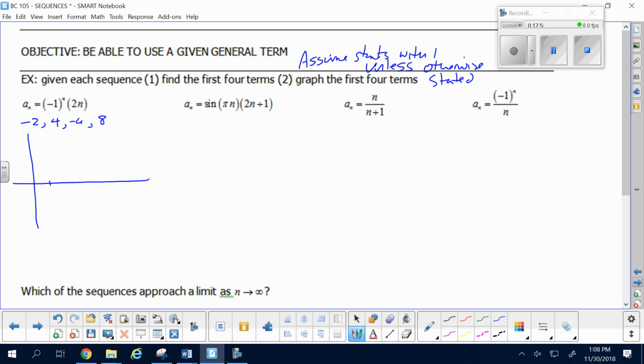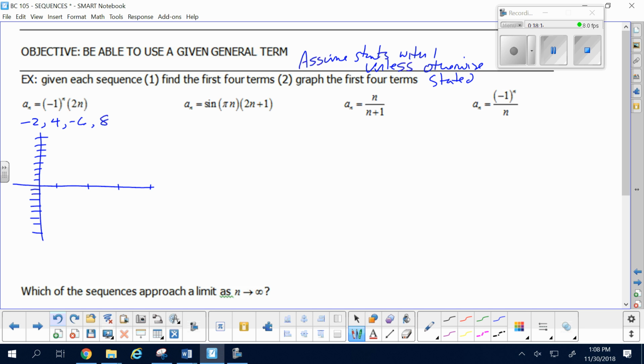Now, if you were to graph that, as it says in the directions, part 2, let's go to 4 on the x-axis, and I think you'll agree that we'll need to go up to 8 or so on the y.